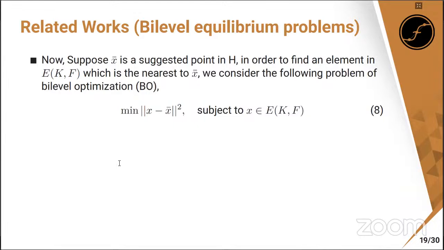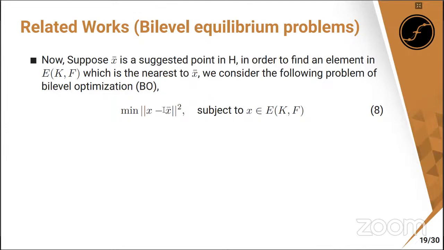And by combining these methods, the solution we obtain also solves this problem, which we call the variational optimization problem, whereby you look for a point in the solution set of the equilibrium problem which is the closest to the point x bar.